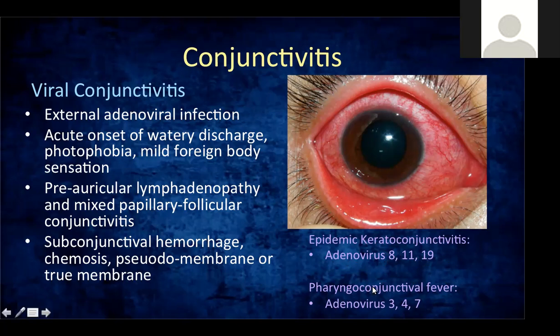Then, of course, you have the pharyngoconjunctival fever. This would include adenovirus 3, 4, and 7. Okay, so paano mo maaalala yan? 8 plus 11 equals 19. 3 plus 4 equals 7. Okay. Pero nice to know lang naman for you guys.